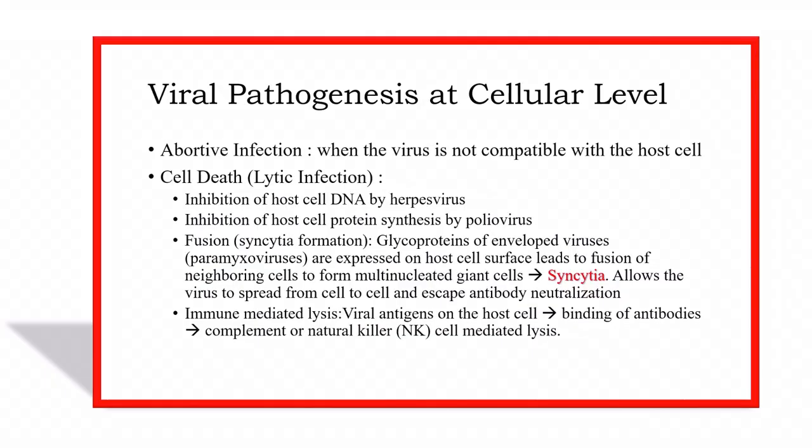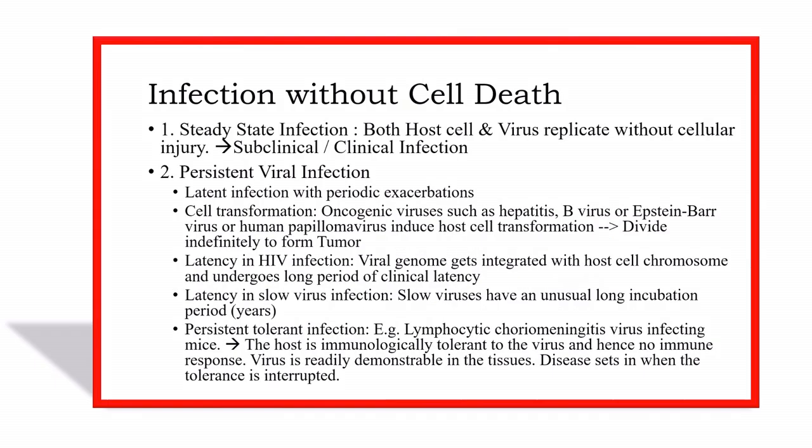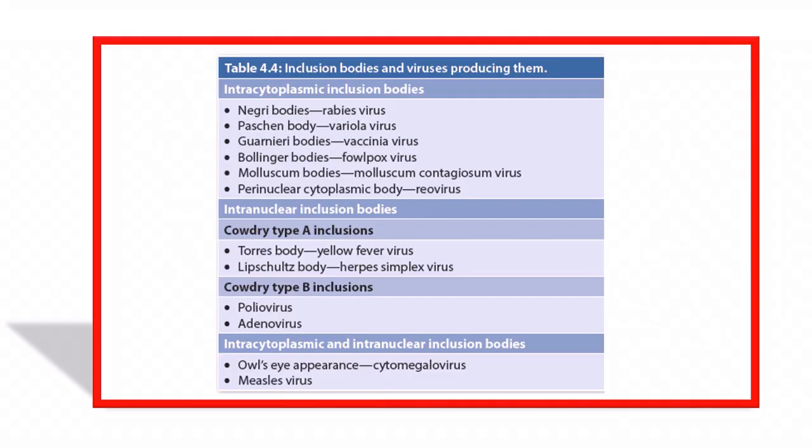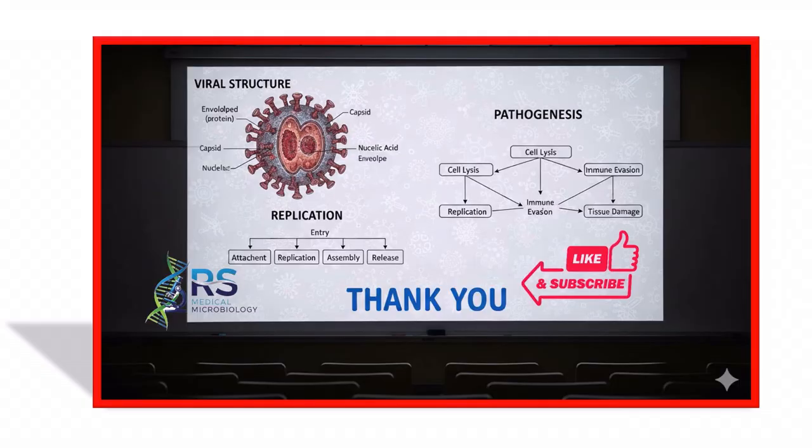Then we looked at viral pathogenesis at different cells. It can be an abortive infection or a steady state infection, and we saw the changes that happen inside the host, the cytoplasmic inclusion bodies, which is very important. That is what we saw in the last video. For those who have not seen it, I would suggest that you go through that video and then come back to this one.